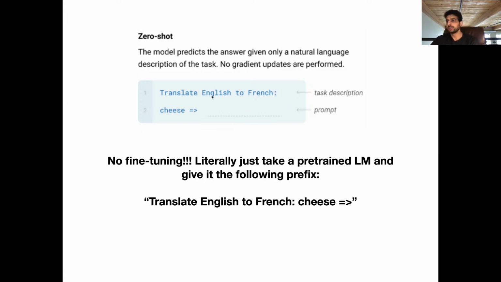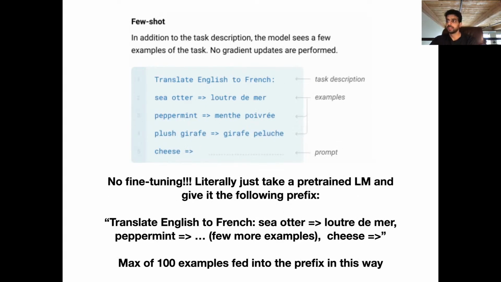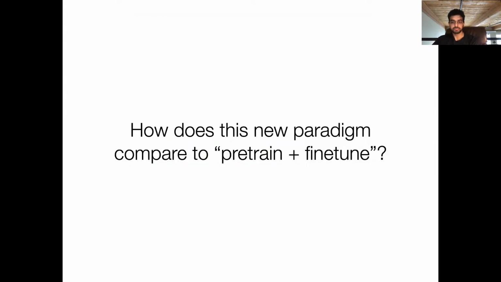I could tell it to do part of speech tagging: provide the part of speech tag sequence for the sentence, colon, and then give it a sentence. I suspect the model would do very poorly at that, but I could certainly formalize it in this way. So basically any NLP task can be included in this setting.